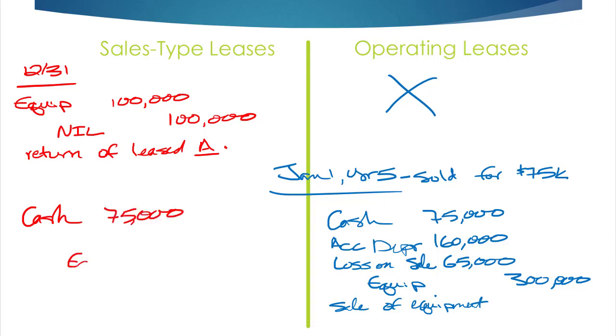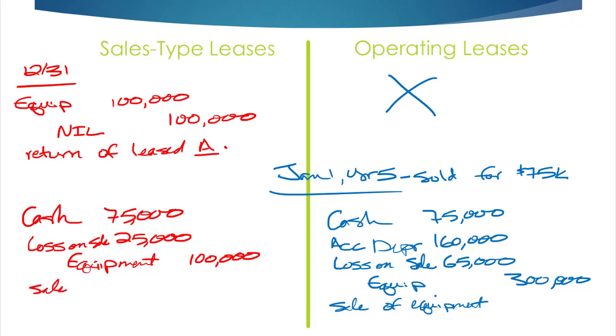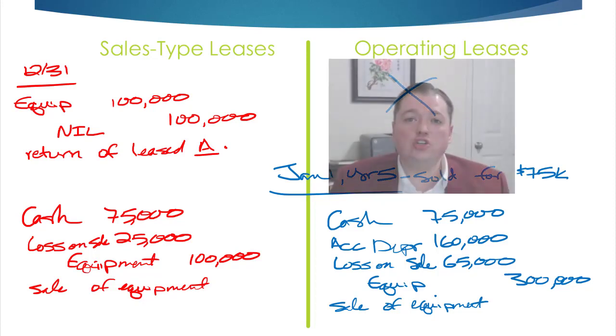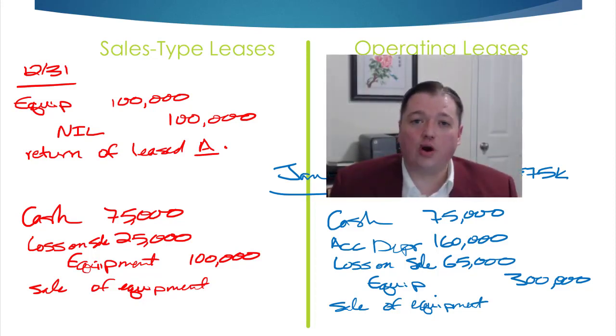We'd record equipment of $100,000, and then we'd record a loss of only $25,000. And that's it. That's all the entries that we would need to record as the lessor for our sales type or operating lease. Isn't that cool?